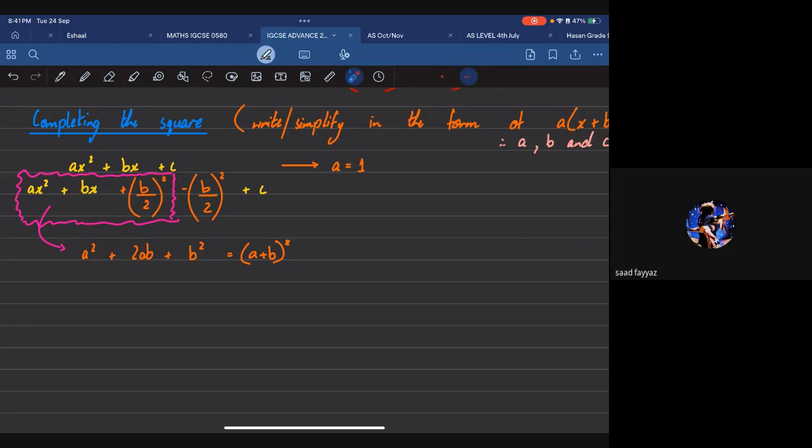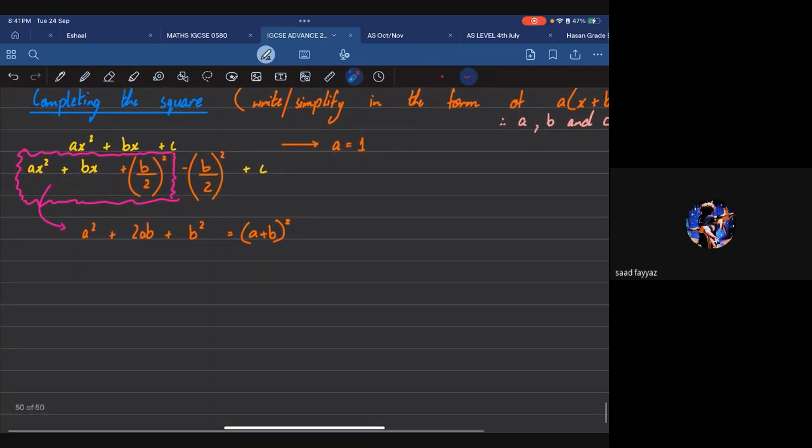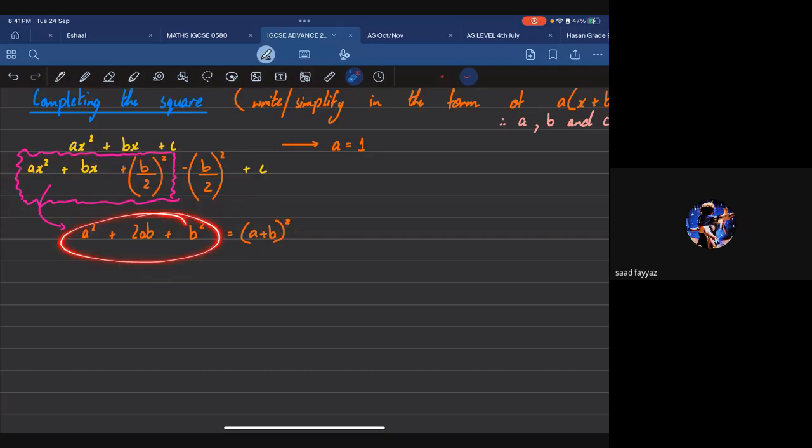When we do it with the help of an example, you will better understand. All right. Now, if this compares to this, and this compares to this, can I simply not write it as ax plus b whole square?